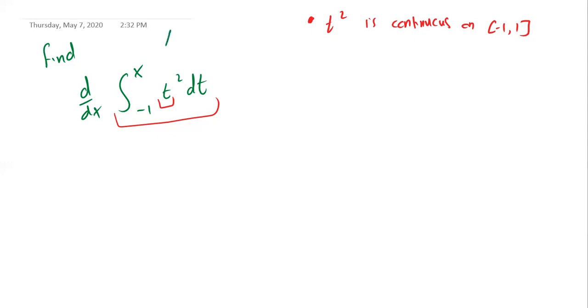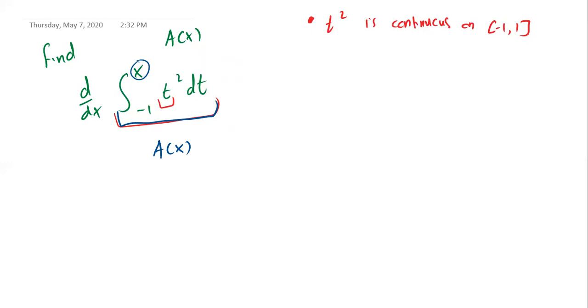But remember, this is the area function. This whole thing in blue is the area function as we defined it. So in the area function, what's changing is how far along the interval we're calculating the net area. If this is 2, we're calculating the net area on the interval -1 to 2.